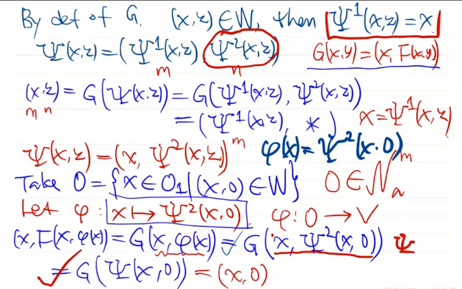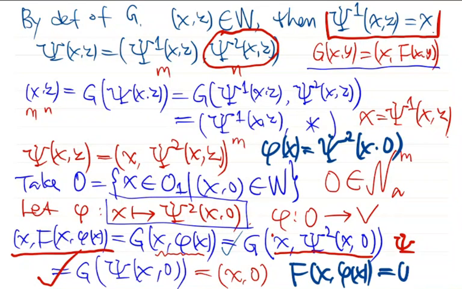So from this equality, you take the last n component of this equality. What equality? Capital F x phi x is x0. So we conclude that f x phi x must be 0.